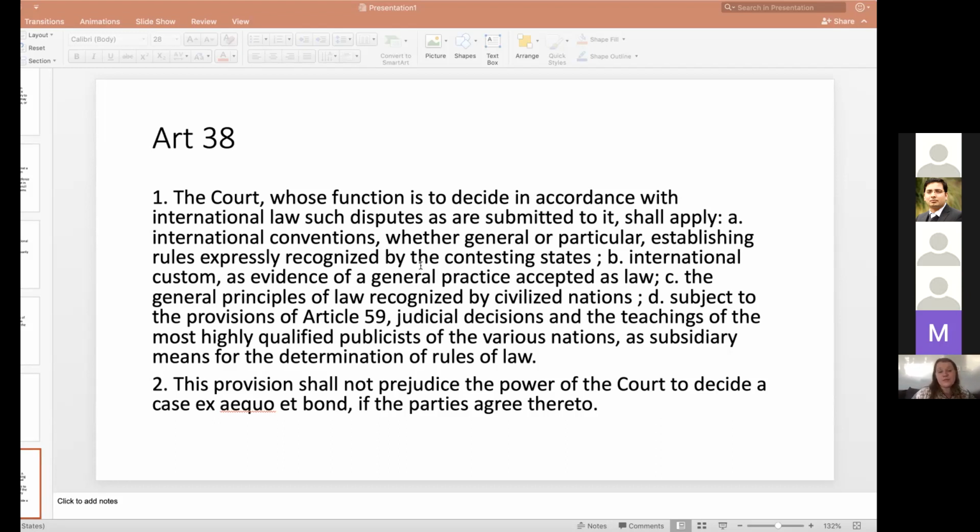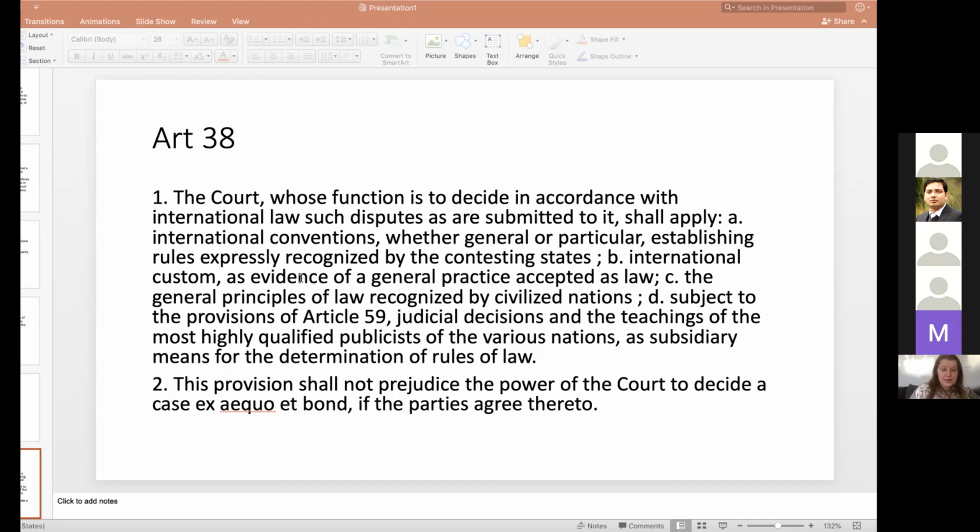The general principles are a core of legal ideas which are common to all civilized legal systems. We have also secondary sources of international law.